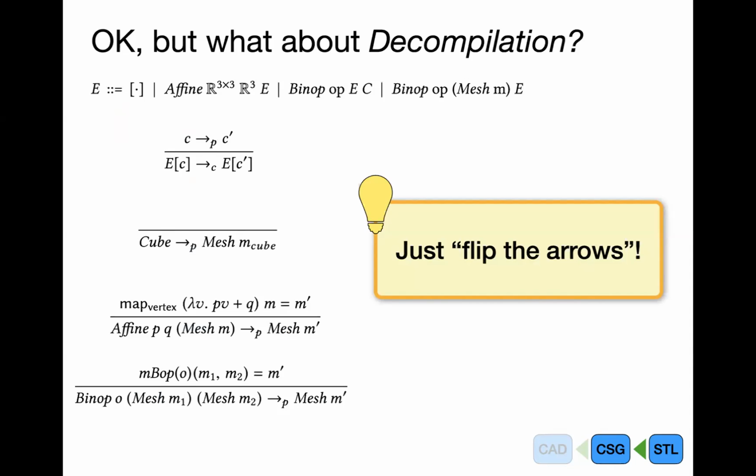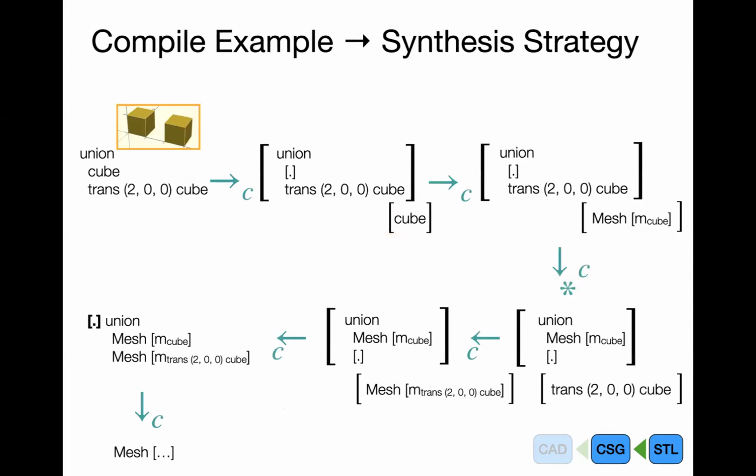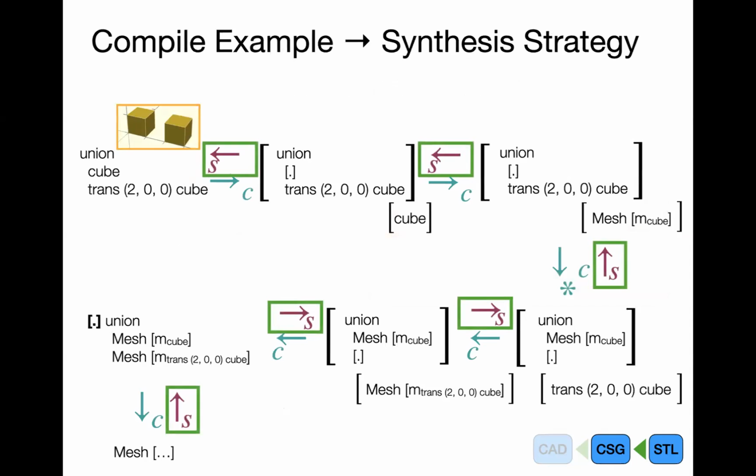I want to search backwards through that graph to try to find a CSG program that would compile to the mesh representation. Visualizing that in terms of our example, I want to take a path like this and just flip all the arrows. I want to define another relation, a synthesis small step relation, and work backwards to some high level CAD that will compile to the triangle mesh I was given.